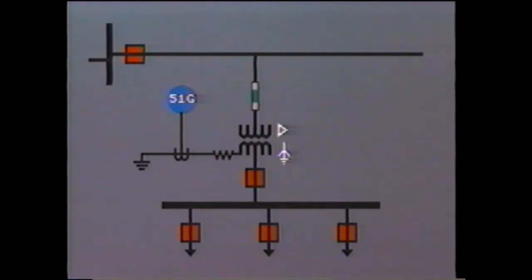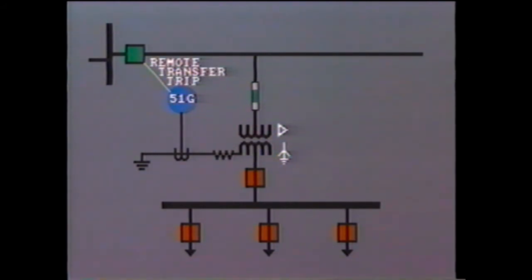Operation of the backup ground protection relays will initiate tripping of the first breaker upstream of the fuses in order to isolate the primary winding. In our example, this would require tripping of this remote circuit breaker. One way of achieving this is to provide a communication channel between the relay and the breaker.